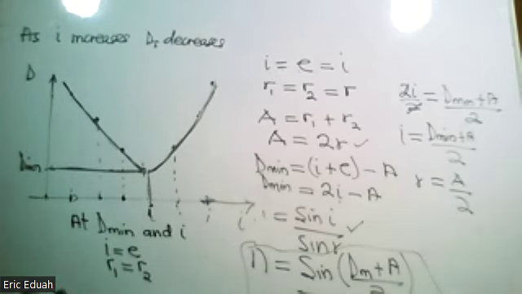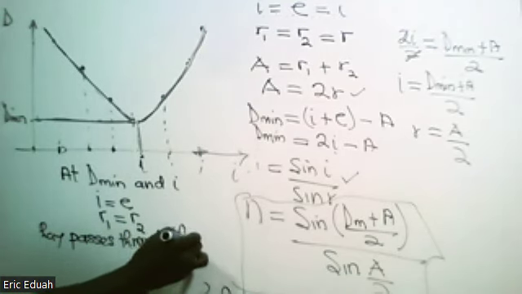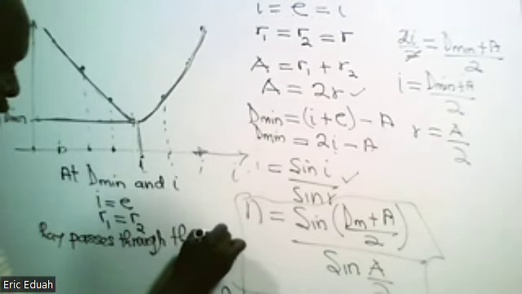And we say that the ray passes through the prism symmetrically.